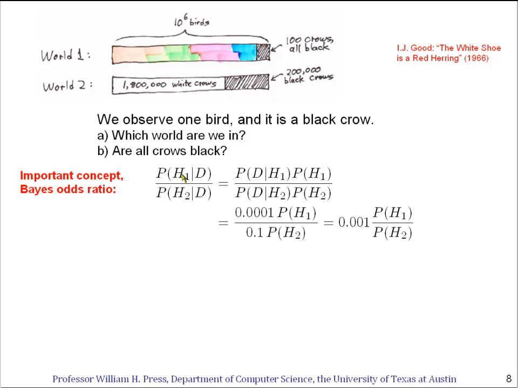the ratio of probabilities that we're in world 1 versus that we're in world 2. Okay. So Bayes tells us that the numerator is the probability of seeing a black crow given that we're in world 1. So that's 100 out of a million, or 10 to the minus 4, times the probability that we're in world 1, the prior probability, and I'll just call that P of H1.